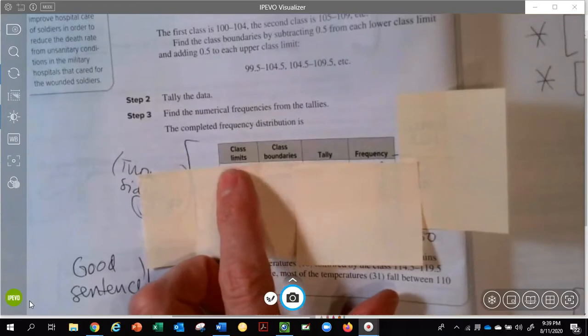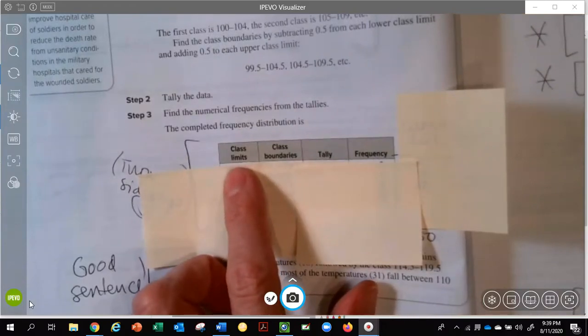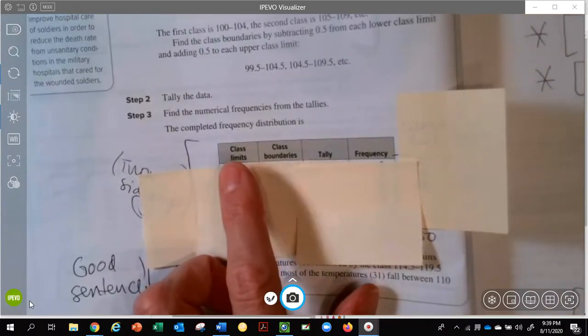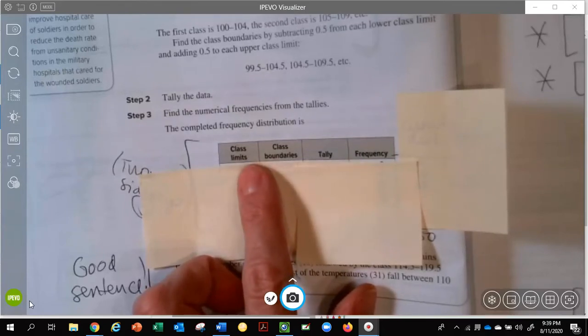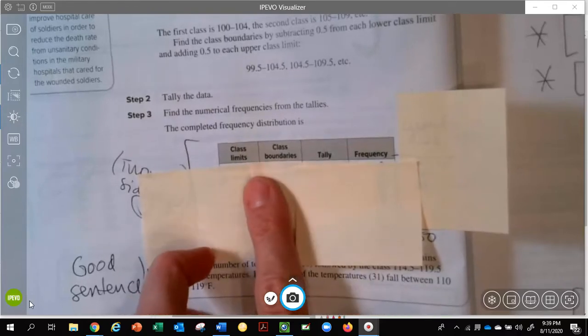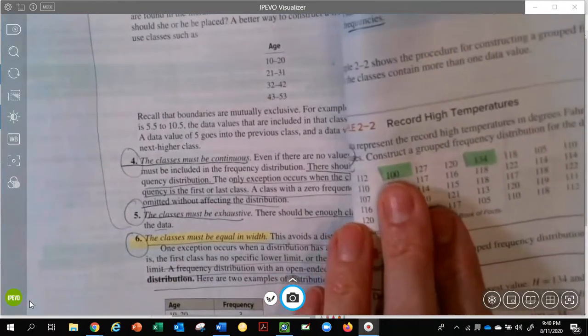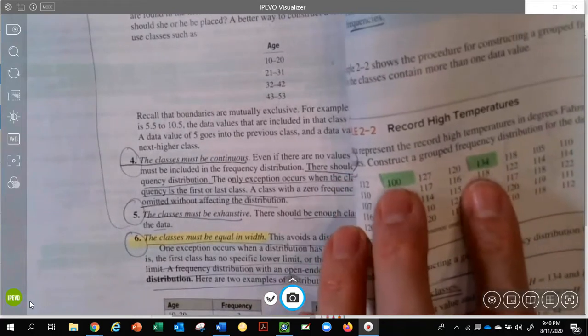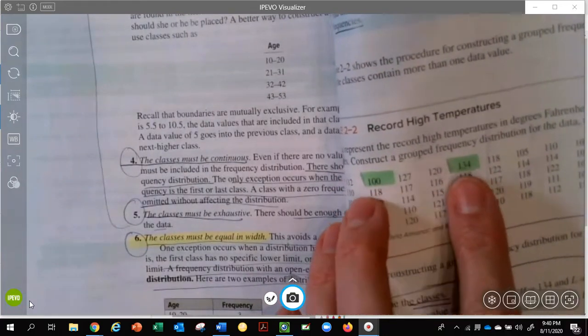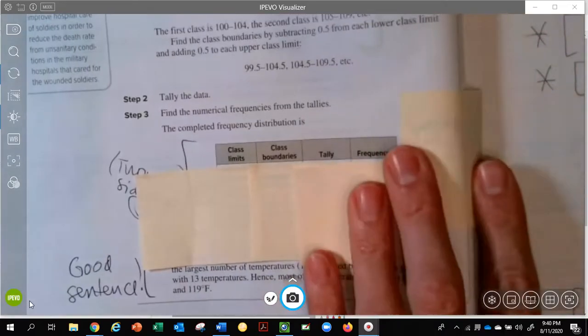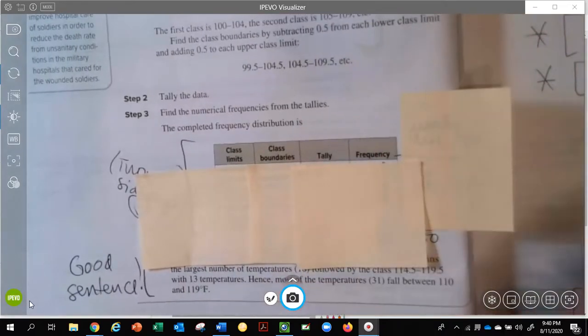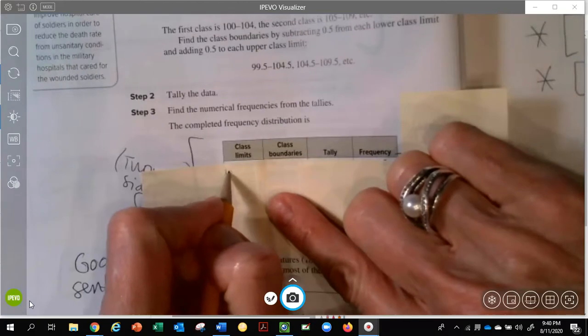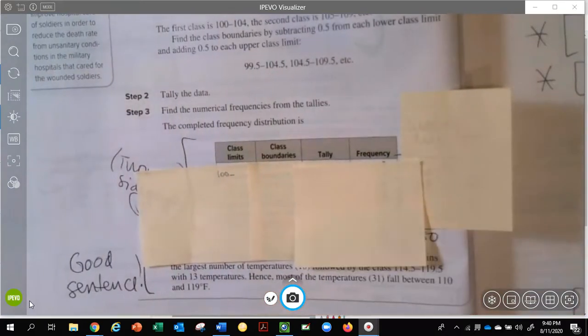So, class limits. Let's talk about those for just a second. We know that we have 7 classes and we're going to have a width of 5. I wanted to take a moment to look at this one, remind you that our minimum value is 100. And we have to make sure that we at least start with 100 or have it covered and go all the way up and at least end or cover 134. I'm going to start here with 100, which happens to be the minimum.